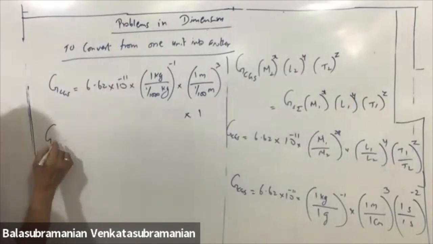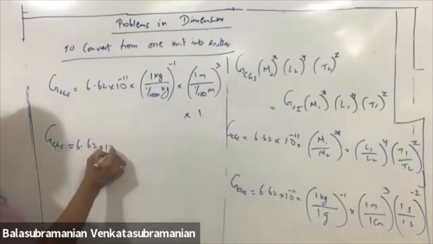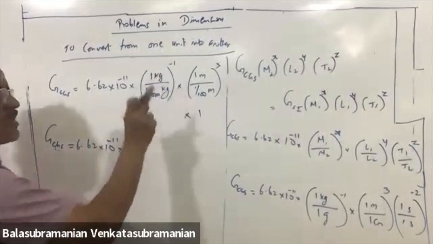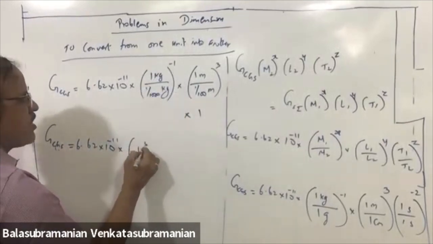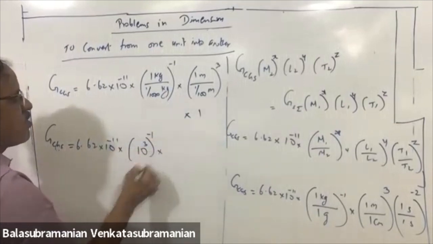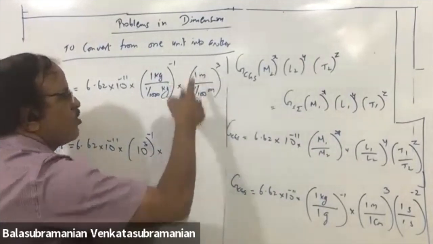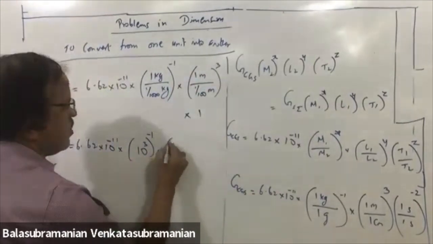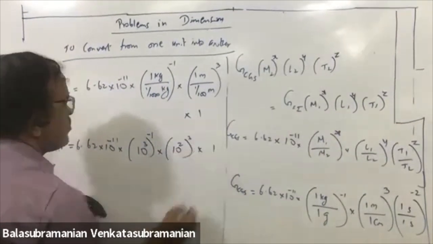Now G CGS is equal to 6.62 into 10 power minus 11. Kilogram cancelled. This 1000 will go to numerator. 1000 is 10 power 3, power minus 1. Meter cancelled. 100 will go to numerator. Numerator means it will become 10 power 2, power 3.